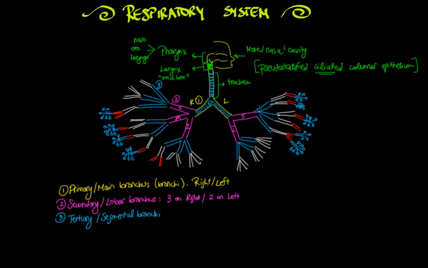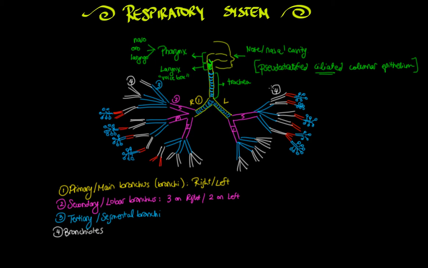You'll have many different branches branching off the secondary bronchi. Now next up, you'll notice the white color. The tertiary bronchi are then themselves going to divide into what we call bronchioles. They're going to get smaller and smaller in diameter, and you're going to notice them on either side of the lungs.